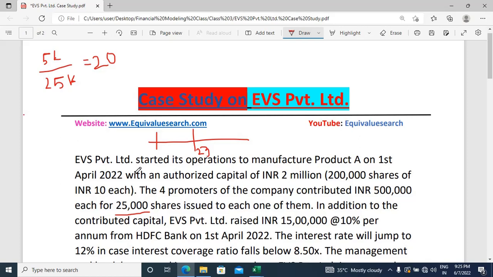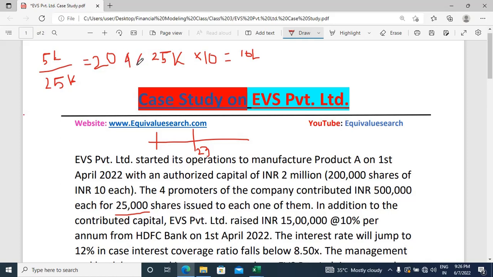So we will add one extra line item for securities premium. So how would it actually look? 25,000 shares multiplied by 10 will make it 25,000, and 4 promoters are there.